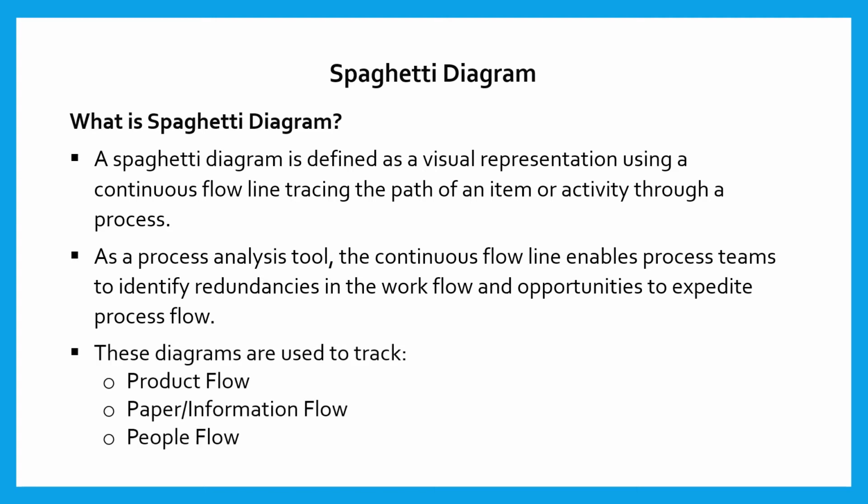These diagrams are used to track product flow, information flow, and people flow. Use a different line type or color for each flow type, or use a separate map for each flow path for more clarity. Creating a spaghetti diagram should be done with the operators or those that use the process.